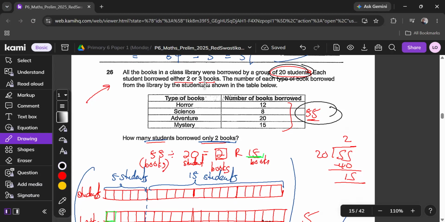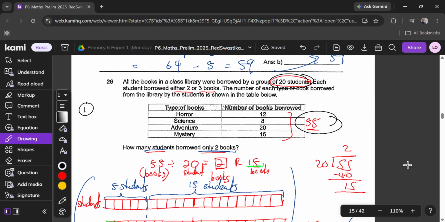You can do assumption. Okay, but let me test you. Tell me what's the first step? 3 times 20. Assume all the students read three borrowed books. So all the students means 20 times 3, you get 60. Second step, 60 minus 55, compare the two totals.